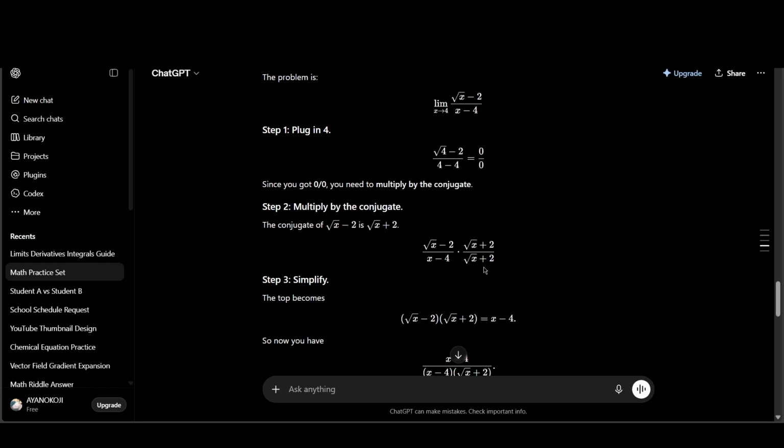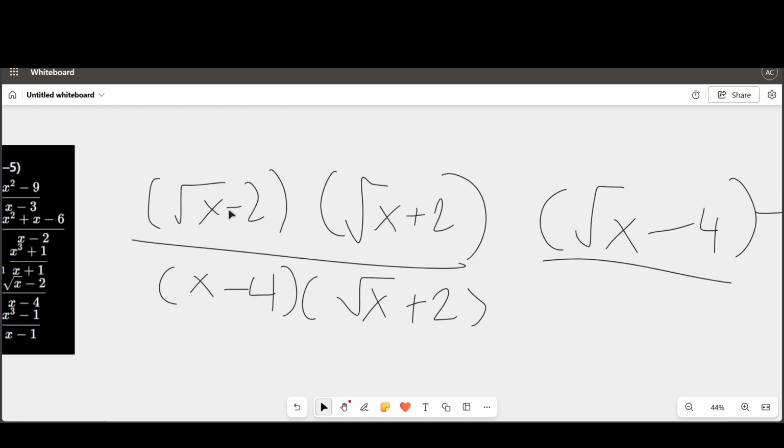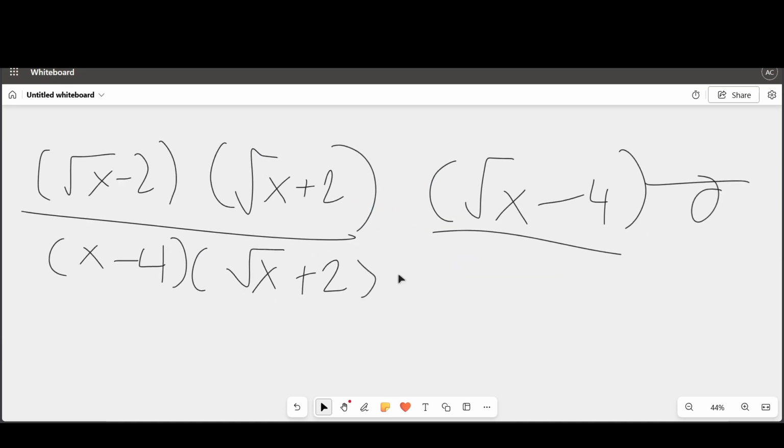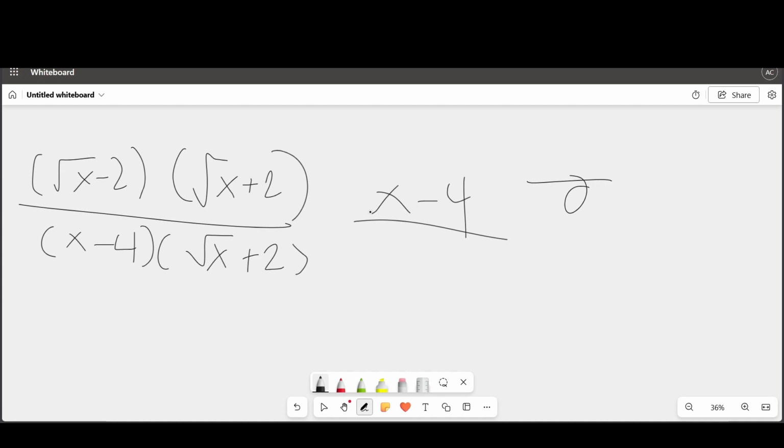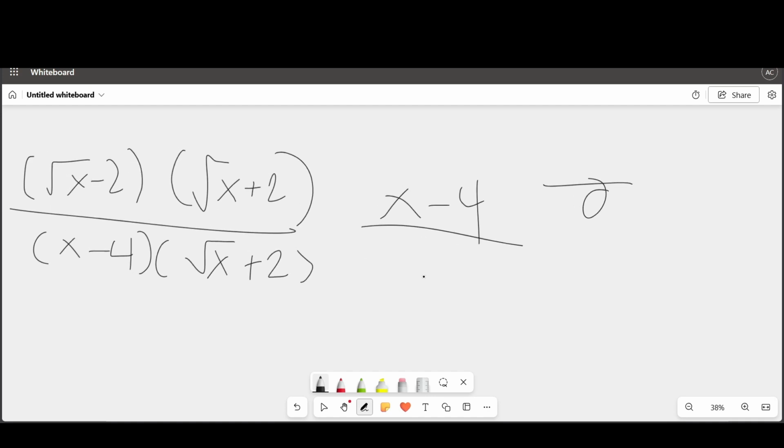Okay, so why did it become x? I think it's because you multiplied both of the square roots, and that becomes a whole x, I believe. But I'm not really sure about that. I think that's my hypothesis on why it becomes just an x after we multiplied it. It's probably correct.